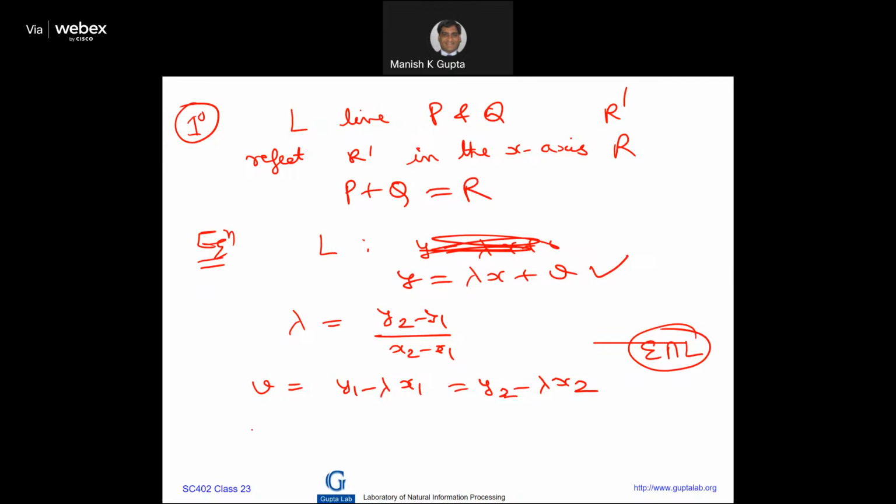This will be lambda x plus v whole square is equal to x cube plus ax plus b. So this will give us an equation in x, and we can solve for x, right?